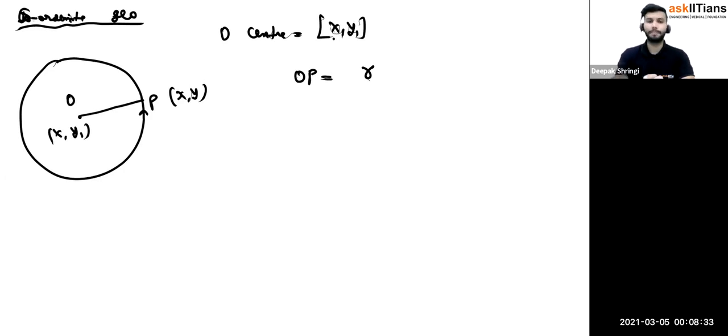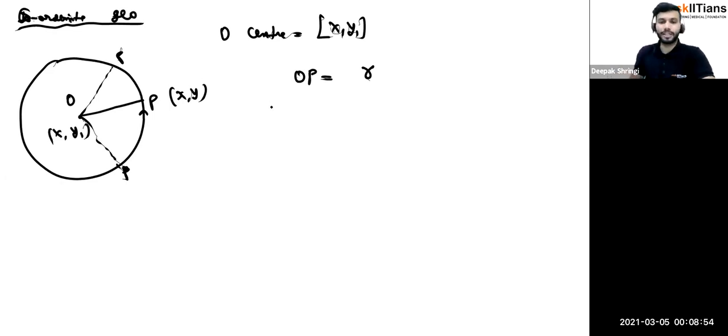P can be over here as well, P can be over here as well. In all cases, wherever you take the point P, the distance OP will always be equal to R, the radius of the circle, right? Now, what is OP, by the way? How do we get that distance? Yep, we can.